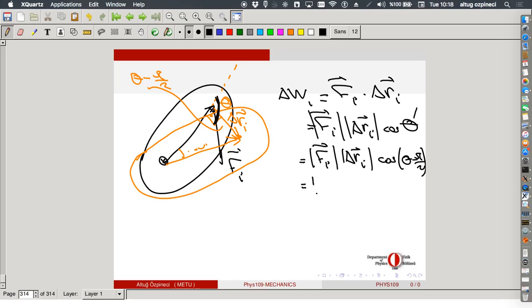Sine theta. Does this ring any bells? Well, this is the magnitude of the cross product, the magnitude of Fi cross delta Ri.